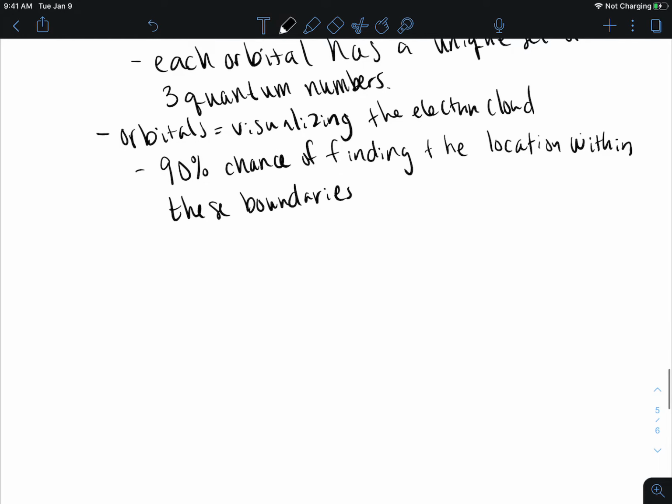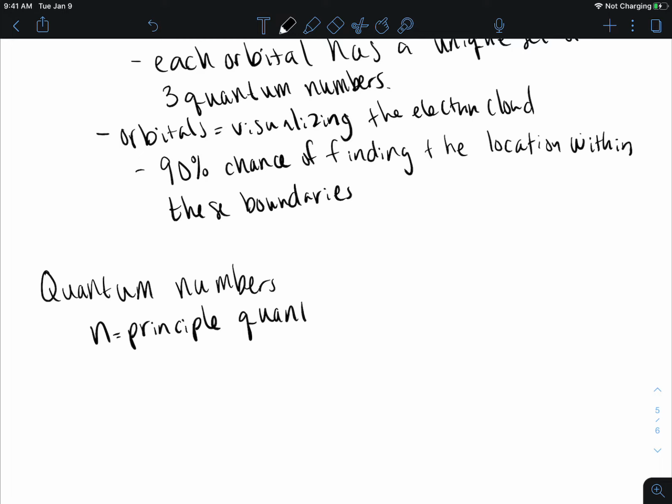So our quantum numbers. Of course, we have our n value, our principal quantum number. This is still a thing within quantum mechanics. Our principal quantum number describes our energy level and kind of the distance away from the nucleus.